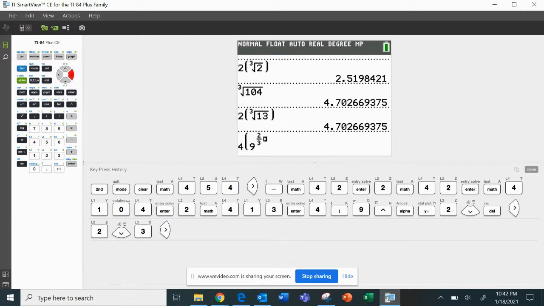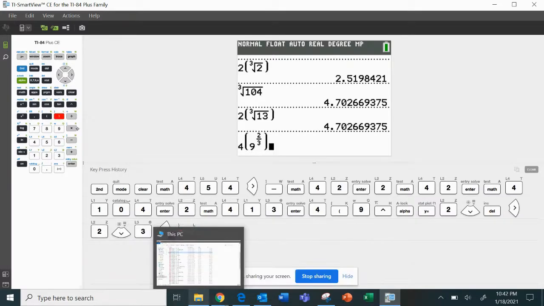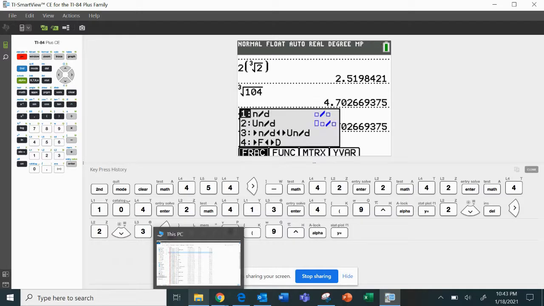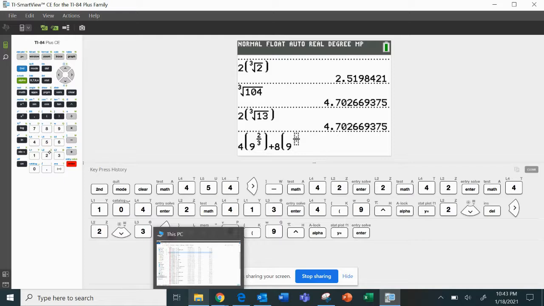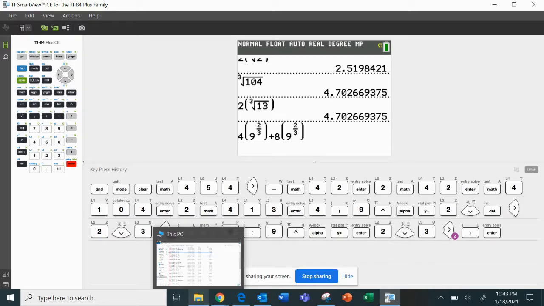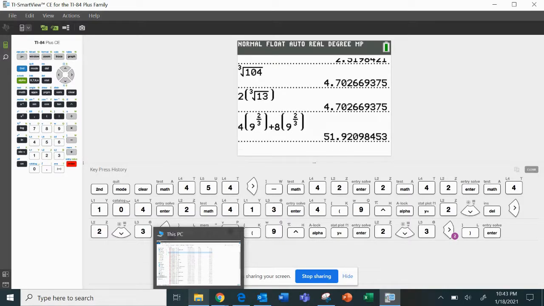So I've got 4 times 9 to the 2/3. And then that was plus 8, parenthesis, 9, caret, 2 over 3. So just typing in the original, I get 51.92.